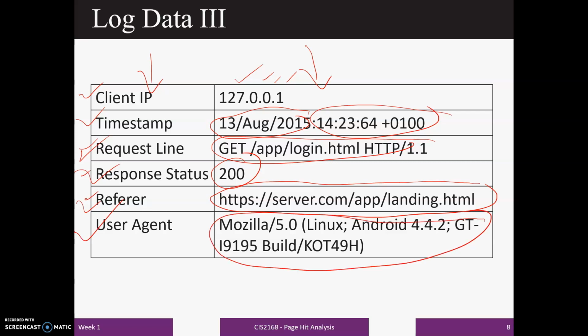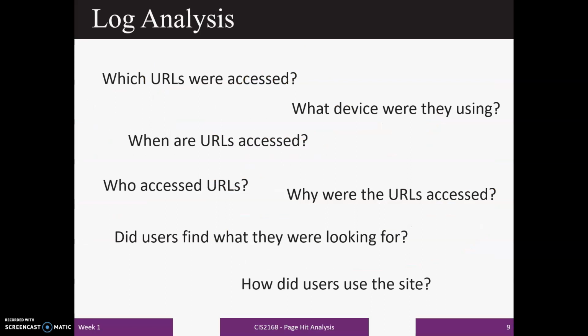And then this is the identification information about the browser the client is using. Now in the next slide, I have highlighted some of the key questions which need to be answered for performing log analysis. So you can see the first question is which URLs were accessed.